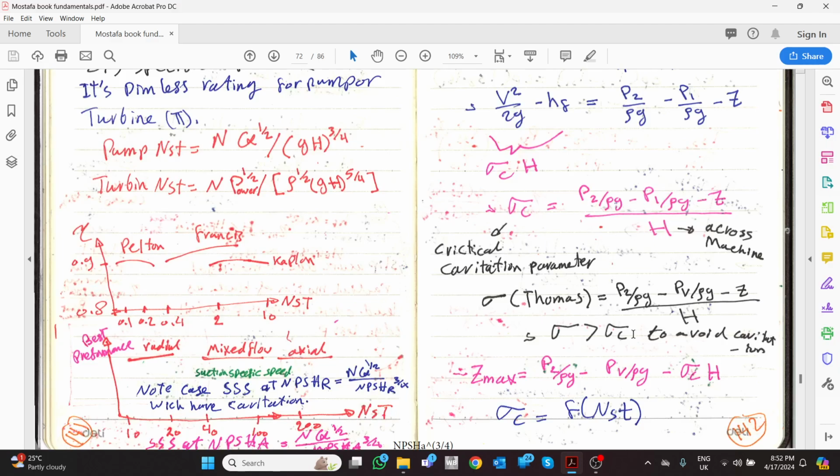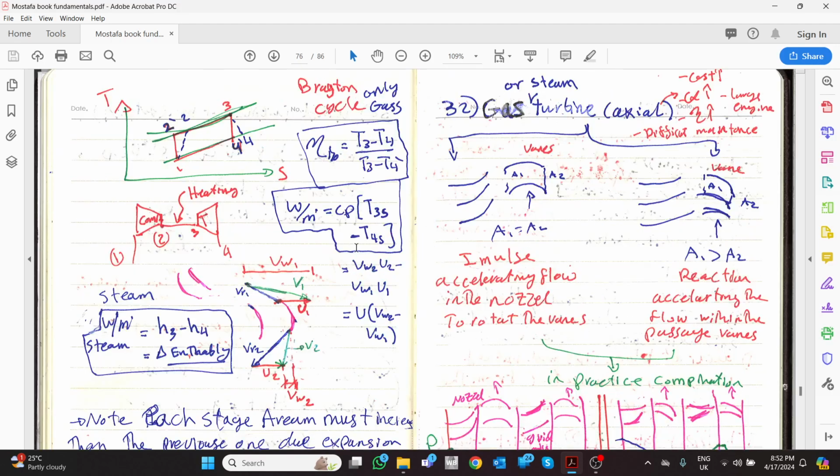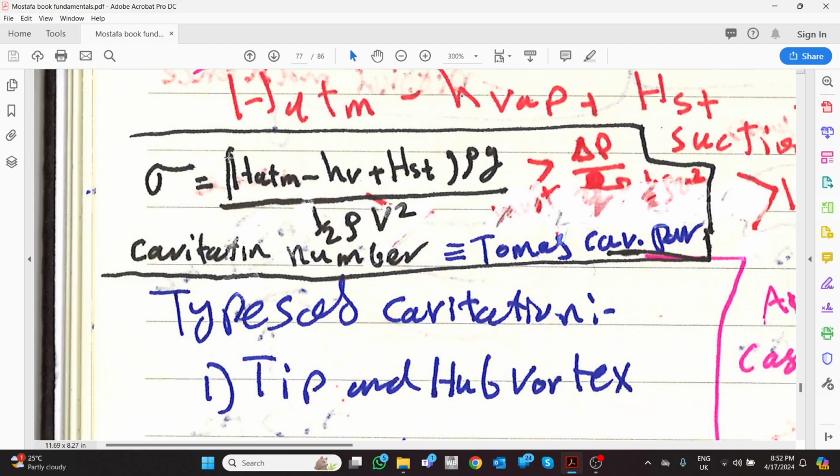This one should be bigger than this one, and this one is the same as this one, but it is written with vapor. It is the same, just here it is written atmosphere minus vapor, which takes into account the absolute head, but it is the same concept.